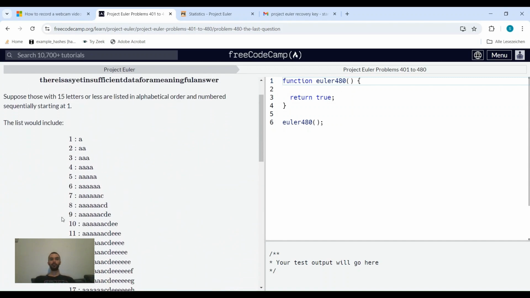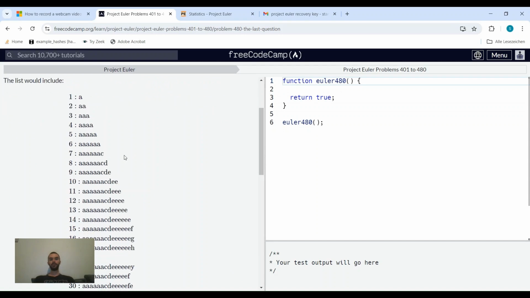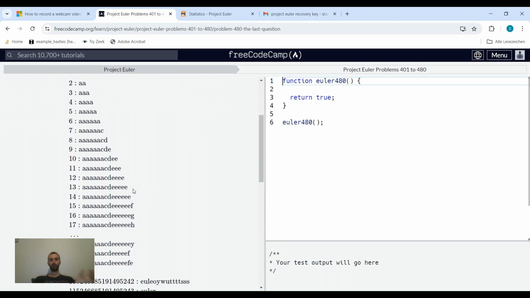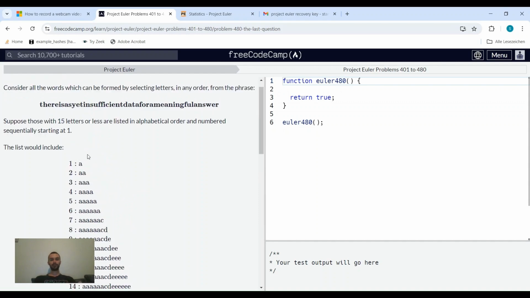Basically, not only doing permutations, not only selecting up to 15 characters from this one and ordering all the possible selections in a total order, but also selecting from 1 to 15 letters and adding all those up and doing it in a total order. I am not sure how I'm going to pass it or whether I'm going to pass it, but that is still far in the future.